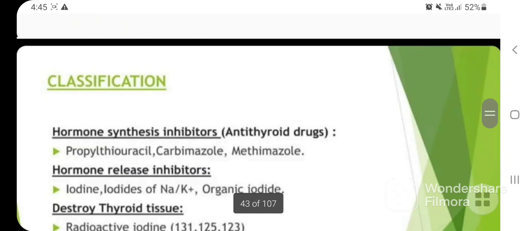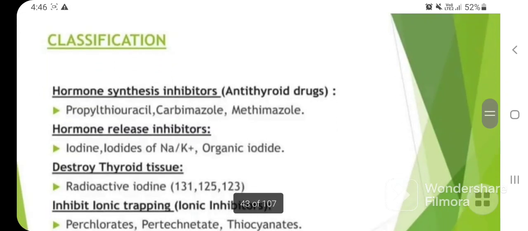Here the classification of the anti-thyroid drugs: first, hormone synthesis inhibitors, that is propylthiouracil, carbimazole, methimazole. These thiouracil and -zole drugs will stop the synthesis of the thyroid hormones, means T3 and T4.